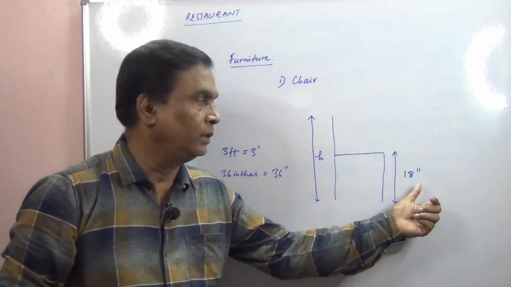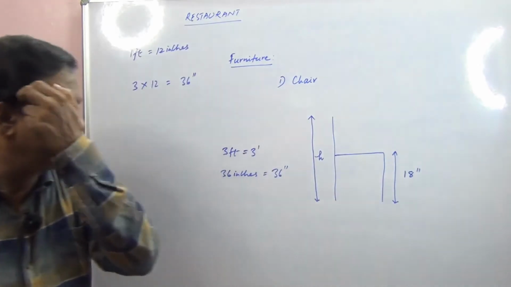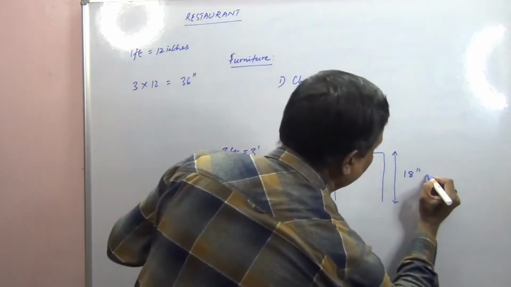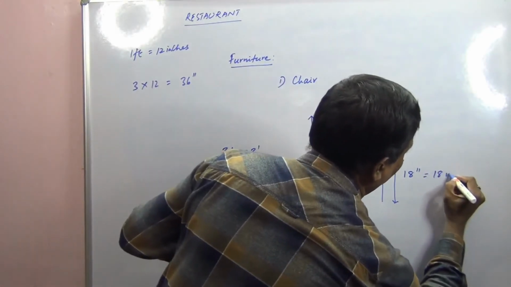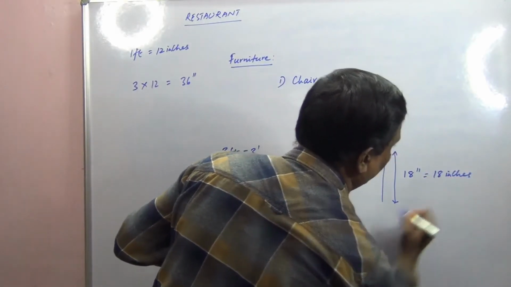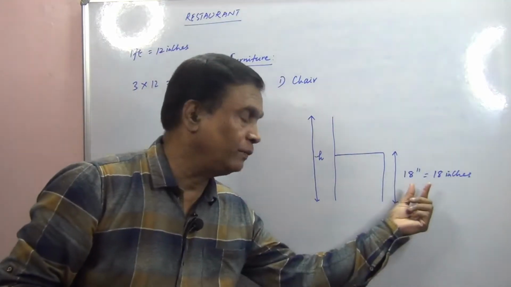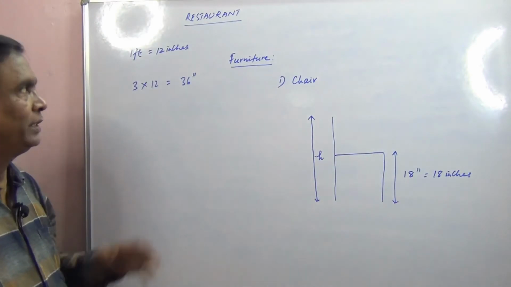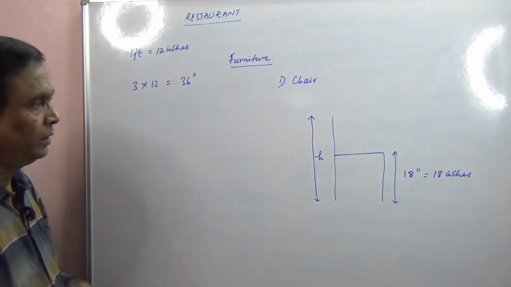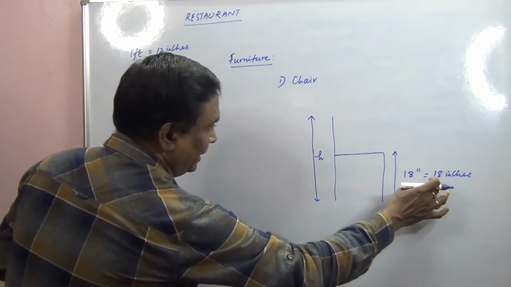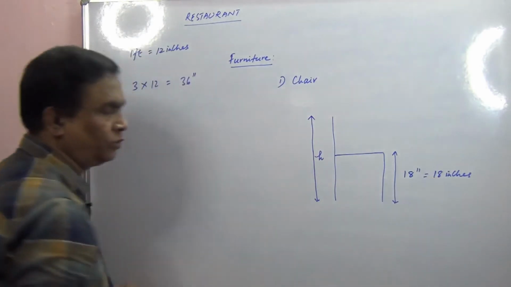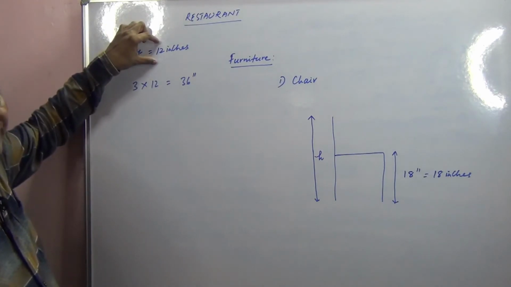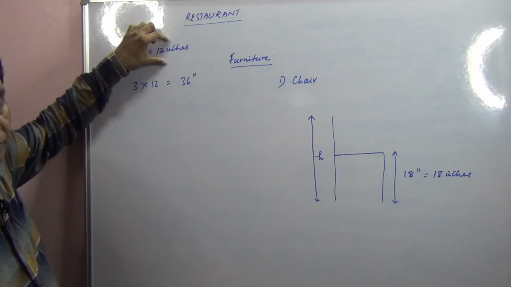Now we have 18 inches. If you want to convert into feet, what is the formula? This time we would like to convert inches into feet. So what is the formula? The total number of inches should be divided by 12, since 1 feet equals 12 inches.